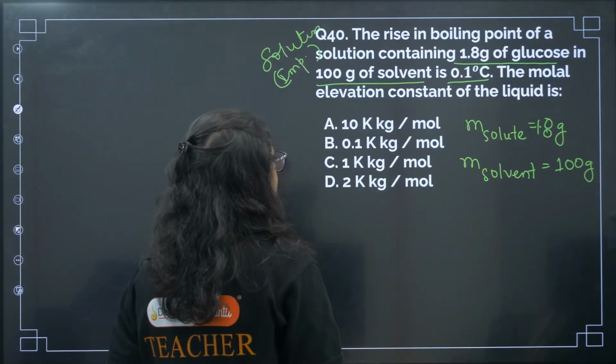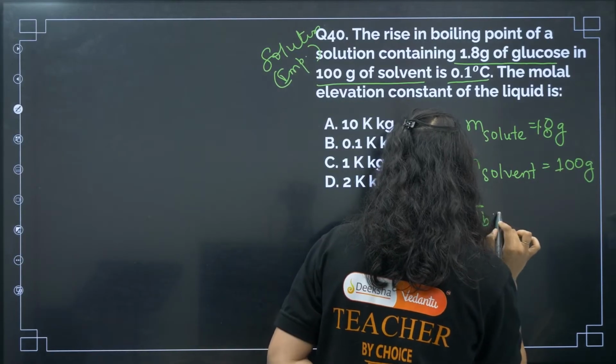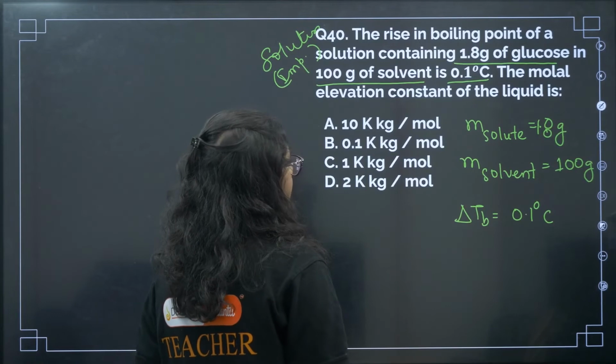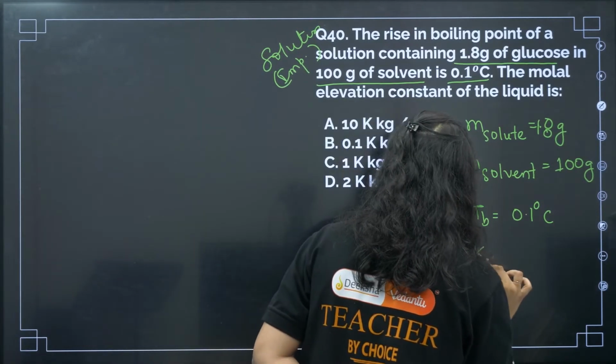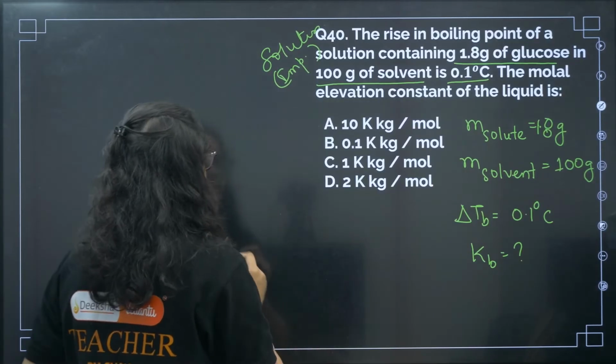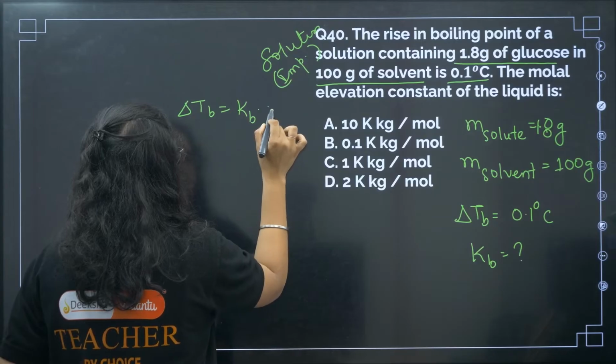Next, the rise in boiling point, so the delta TB value is 0.1 degree Celsius. The molal elevation constant, so we need to calculate the KB value. Now, the delta TB formula, if you know, delta TB is equal to KB into m.